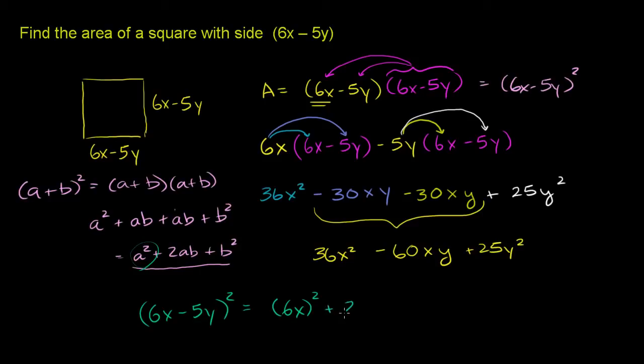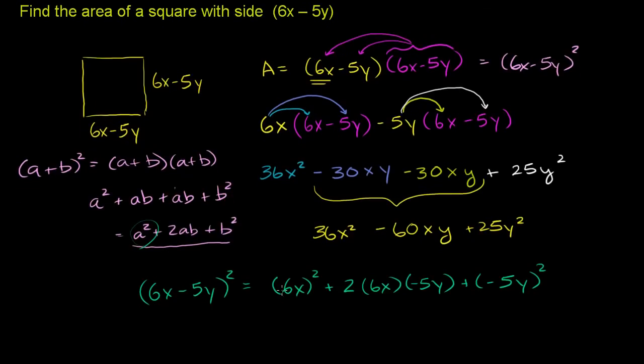So that's plus 2 times a, which is 6x, times b, which is negative 5y, plus b squared, which is plus negative 5y, everything squared.